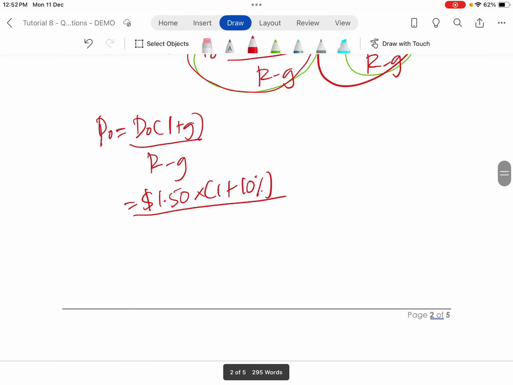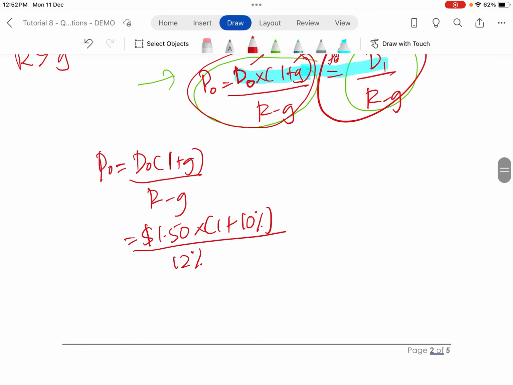So 12% minus 10%, this must be together. Then you calculate that, 2%. So 82.50, that is the answer.